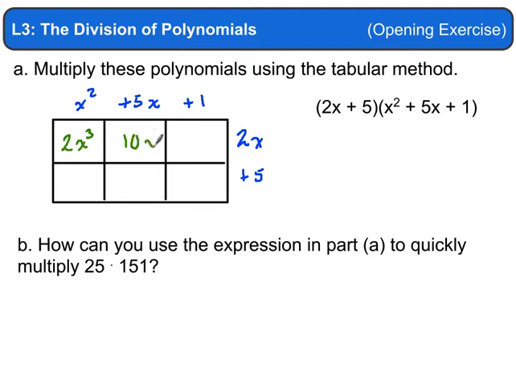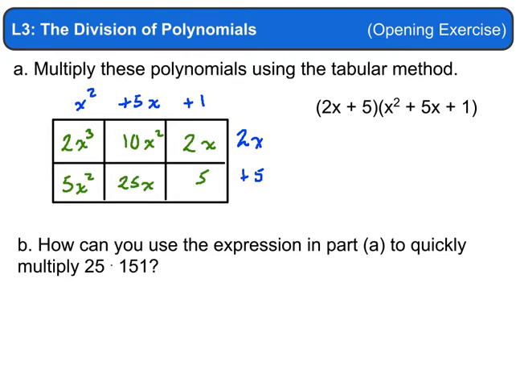So we have a 10x squared, and then we have a 2x. Here would be a second row, 5x squared, and then 25x, and then 1 times 5 will be 5.